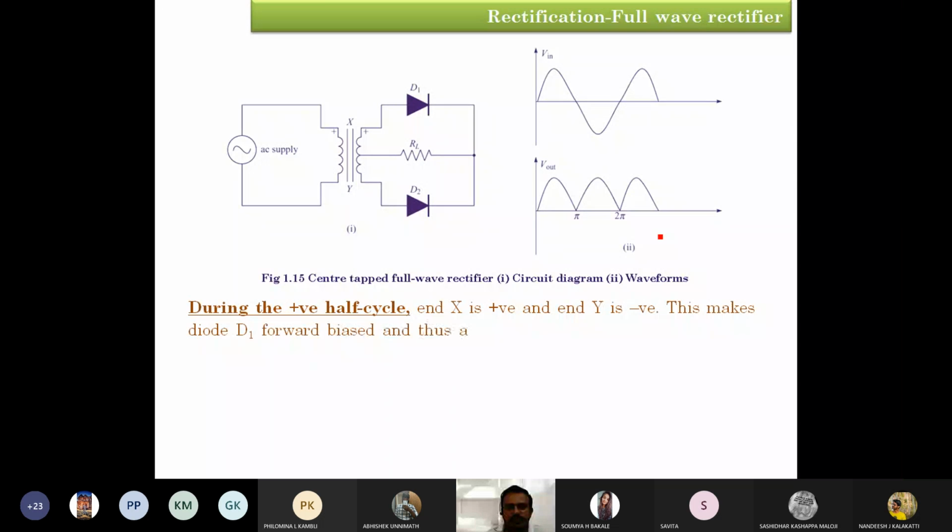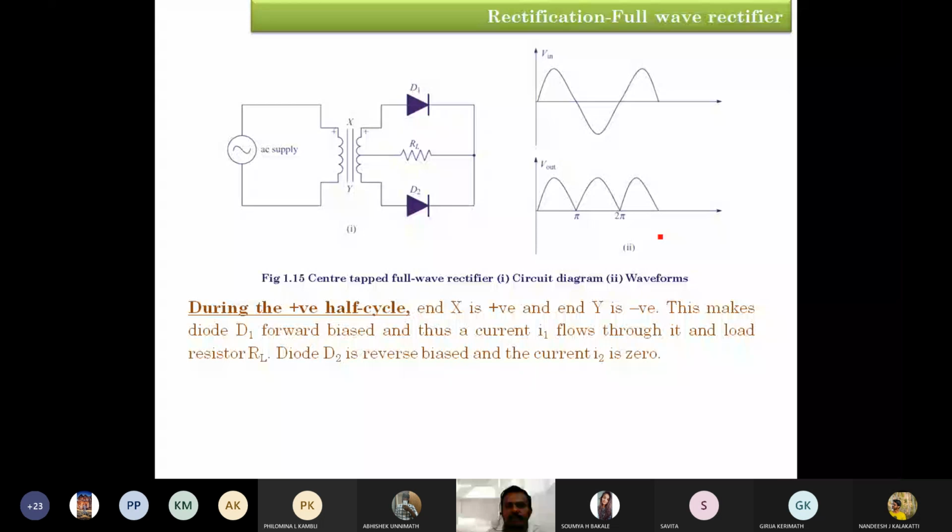This makes diode D1 forward biased, and thus a current I1 flows through it and the load resistor RL. Diode D2 is reverse biased and the current I2 is 0. So in this explanation, diode D1 conducts the I1 current and diode D2 carries the I2 current.